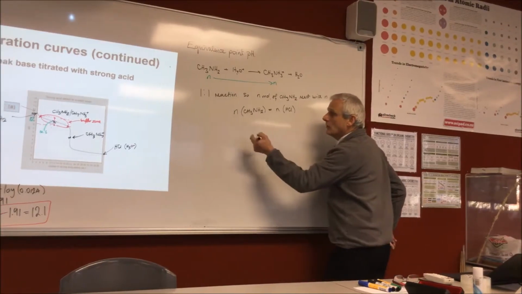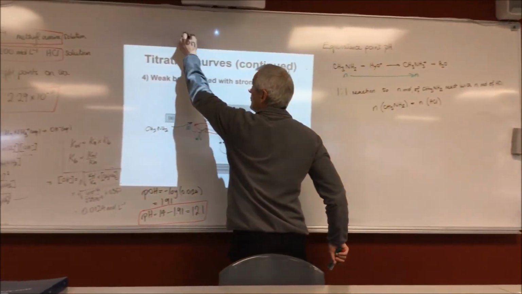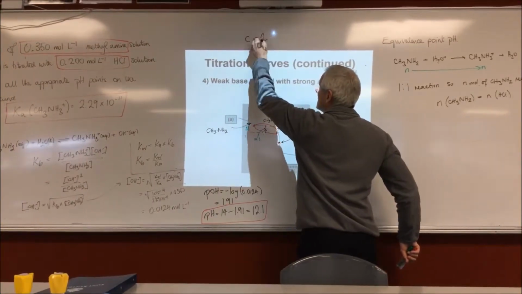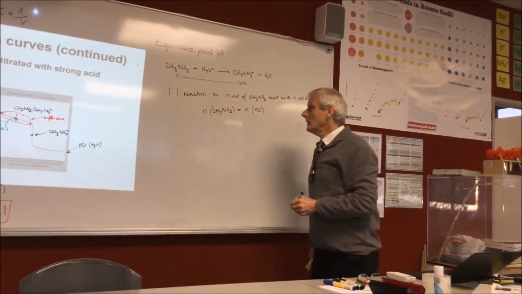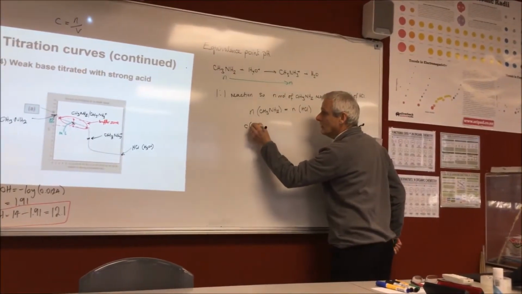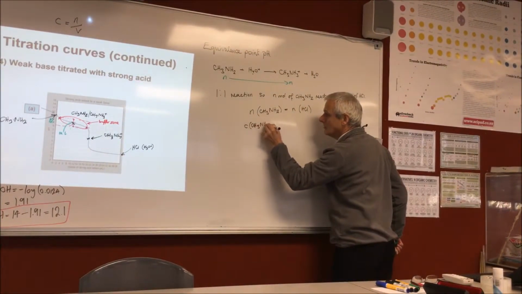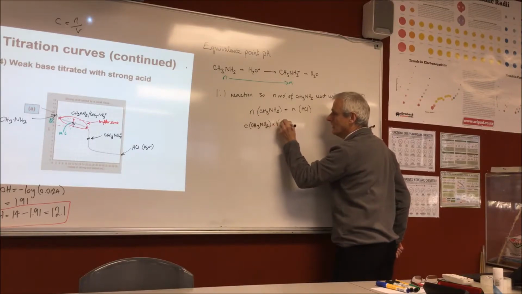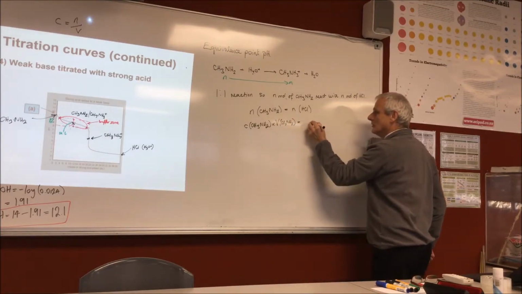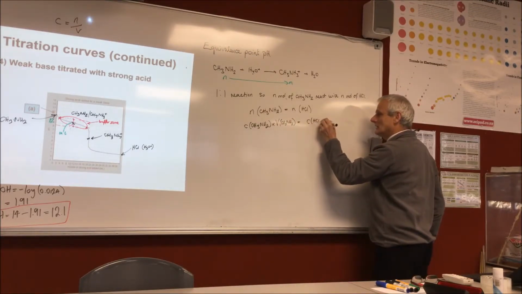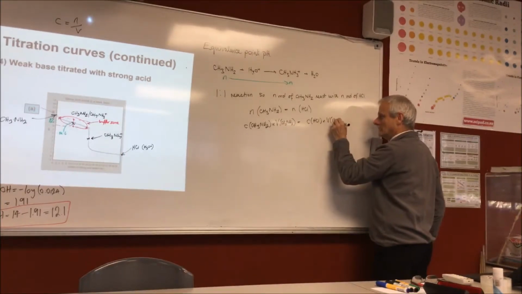So we know that, and this is given to you, but I don't know why. We know that C equals n over V. That will be on your sheet. Okay? So C of CH3NH2 times V of CH3NH2 is equal to C of HCl times V of HCl.